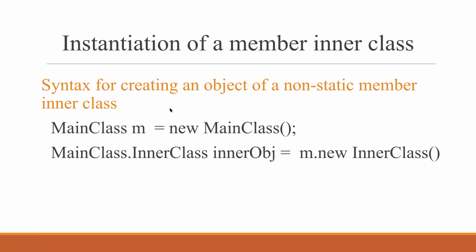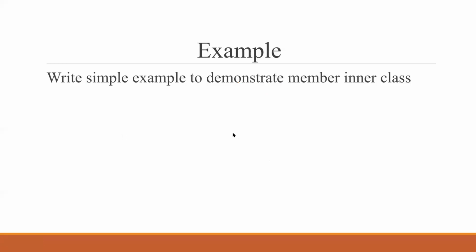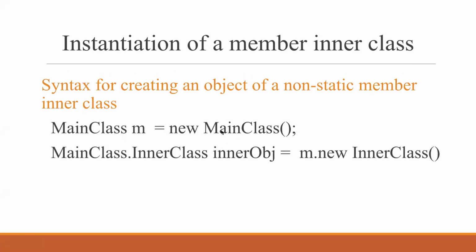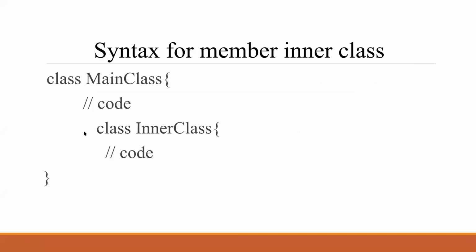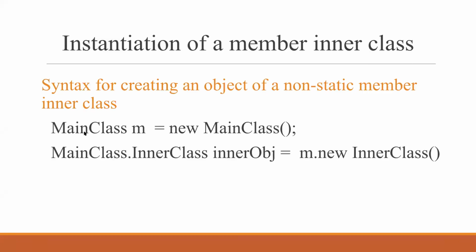Now, the syntax for creating an object of a non-static member inner class is this. You first instantiate an outer class. In this case, when you look at our syntax, our outer class is main class. So M is an object of the outer class called main class.